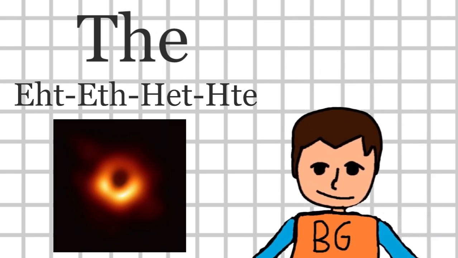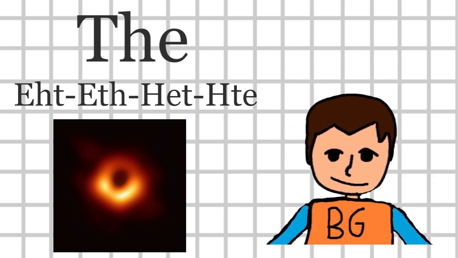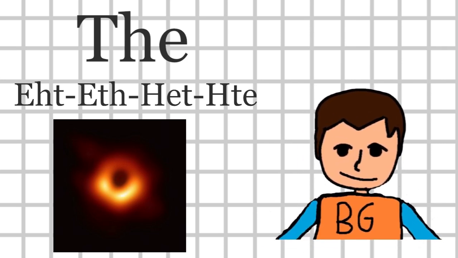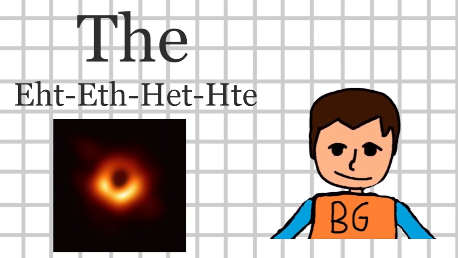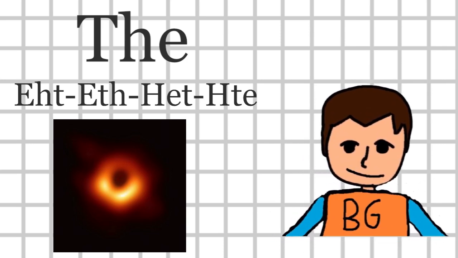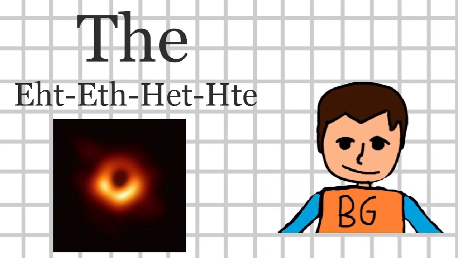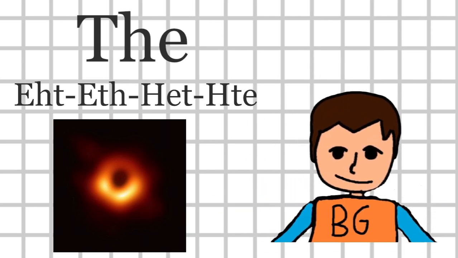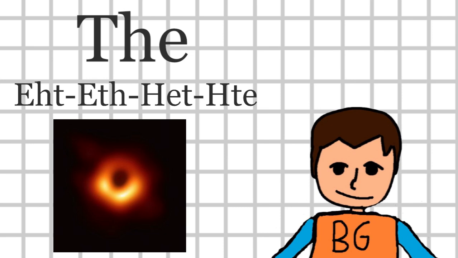So if you want to know more about this, you can go check the Wikipedia page for the Event Horizon Telescope, or Google it, or Bing it, because I use Bing, or search up some YouTube video on it. You could probably find some pretty interesting material on this topic.